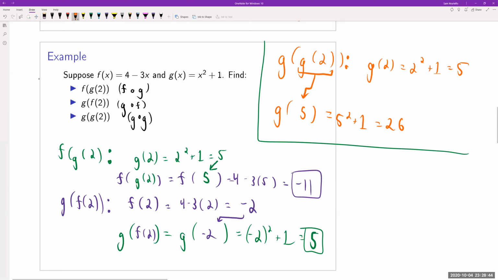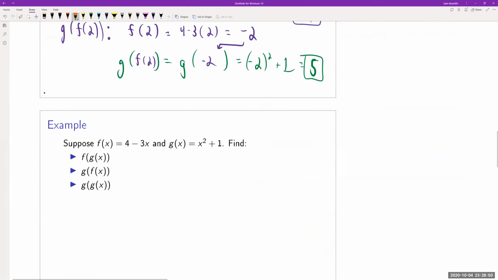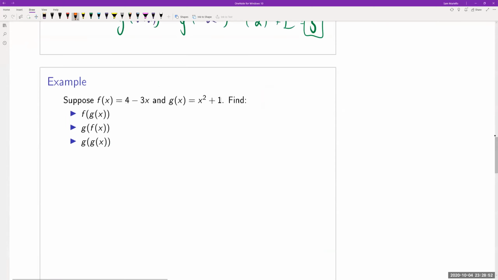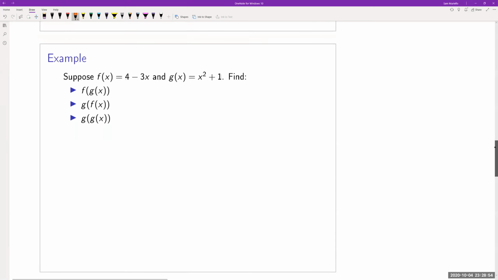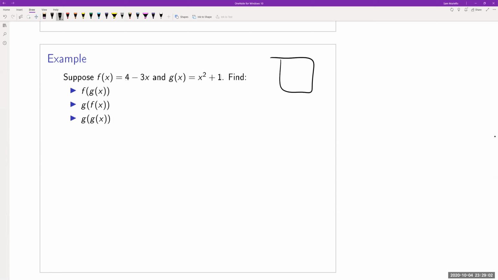Now, you don't just have to take functions with a numerical input. It's also okay to have a variable. In this case, we'll take a look at what the composed function as a whole would look like. In other words, we have over here f and then g.